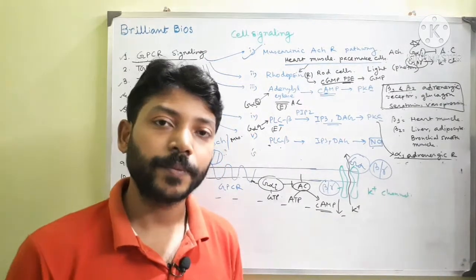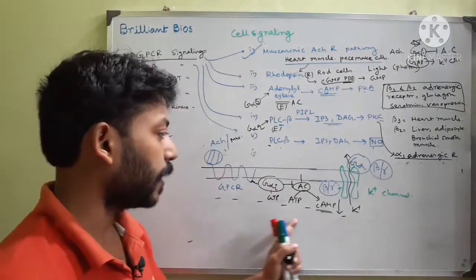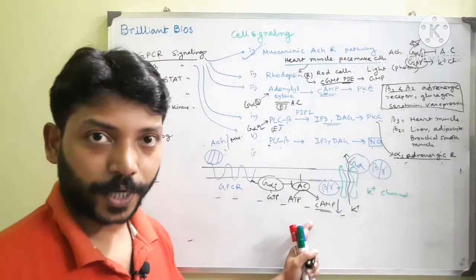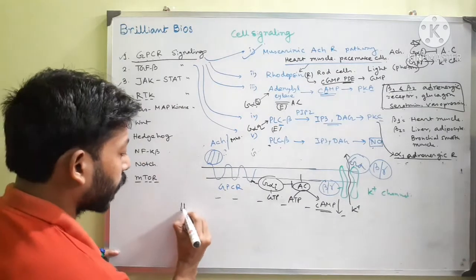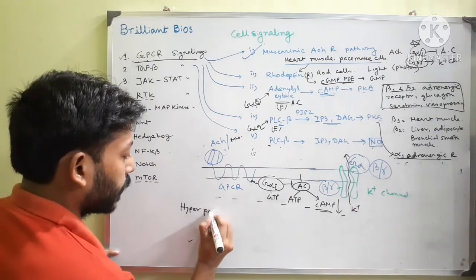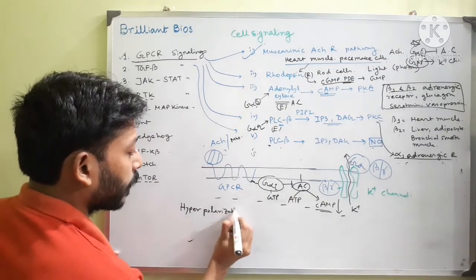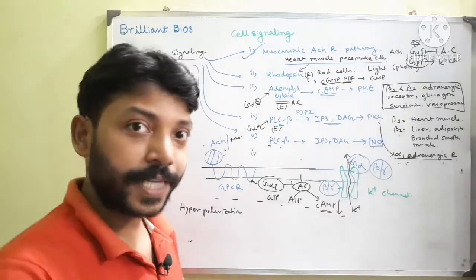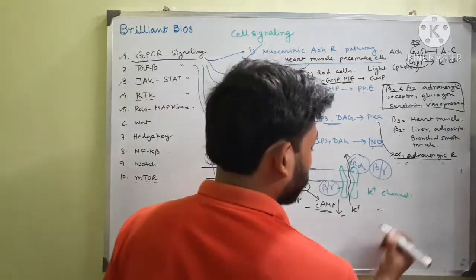Depolarization means the inside of the cell becomes positive. In the case of hyperpolarization, what happens? The inside of the cell becomes more negative. The normal membrane potential of any cell is minus 70 millivolts.